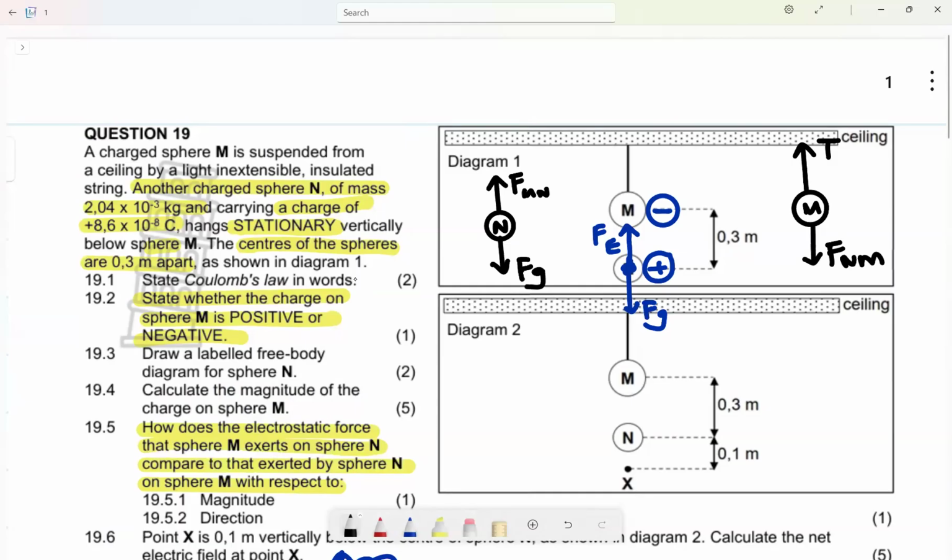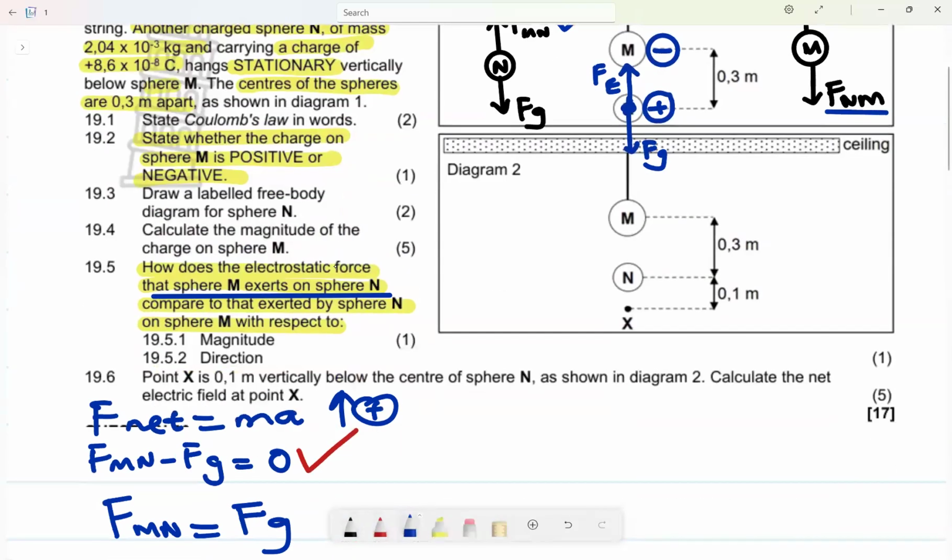So now the question is, how does the electrostatic force that sphere M exerts on N, compared to that exerted by sphere N on M? Magnitude is the same, or you can say equal, but direction is opposite.